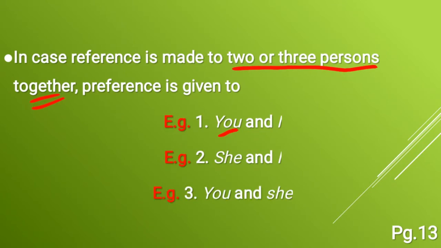And then you and she. So here second first, third first, whereas second third. I mean second person first person, third person first person, but here again second person third person. Okay children, don't forget, this is the rule.